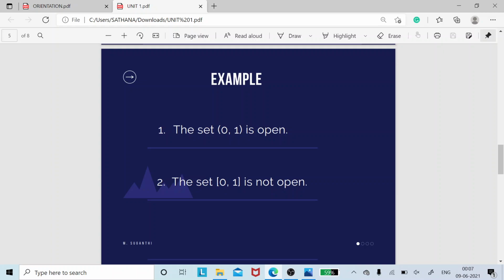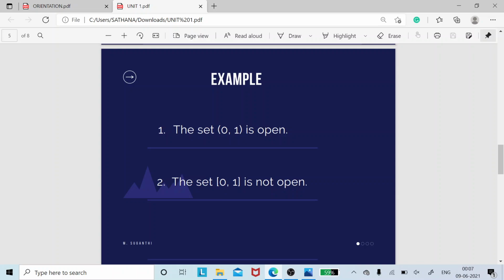Consider the set [0, 1] and an element x between 0 and 1. Then as in example 1, we can find a piece of segment (x minus delta, x plus delta) that is completely lying inside the interval [0, 1]. That's fine. Now come to the endpoints.